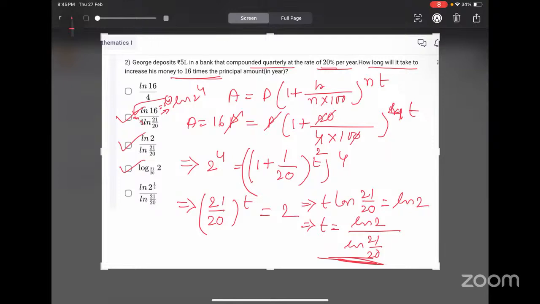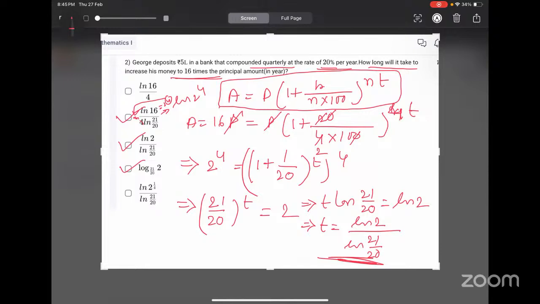Any doubt? No, it's clear. Ma'am, I have a doubt. Yeah. Ma'am, how did this formula come about? Which one? Ma'am, A equals P times 1 plus R. This one? Yes, ma'am. Yeah, this is a standard formula from arithmetic.